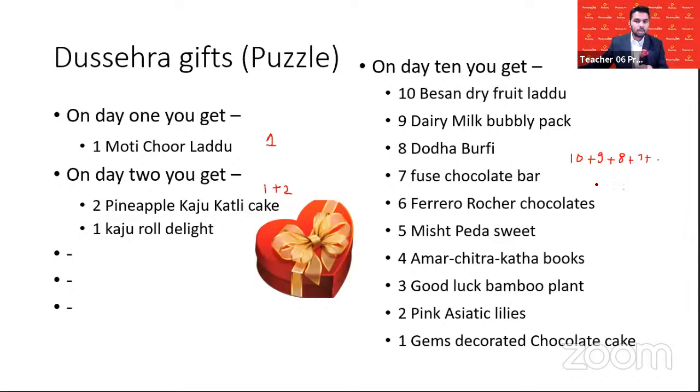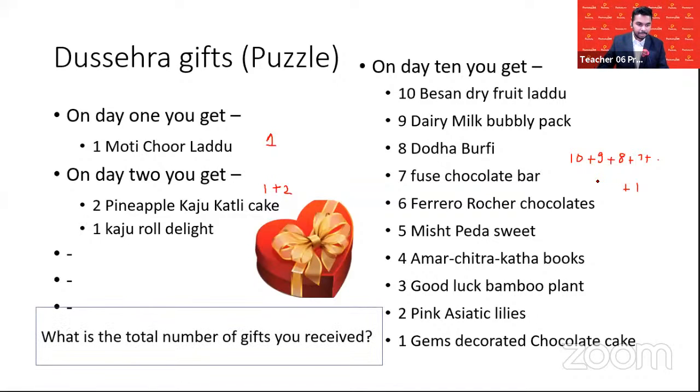So this is the total number of sweets or gifts that he got. Now he wanted to see whether there is an inbuilt formula so that he can just plug in day 5 and get the answer instantaneously. Let's see if we can help him.